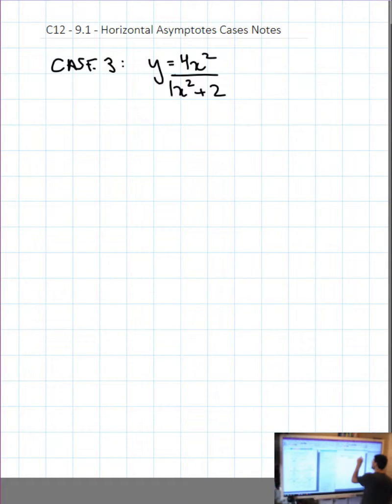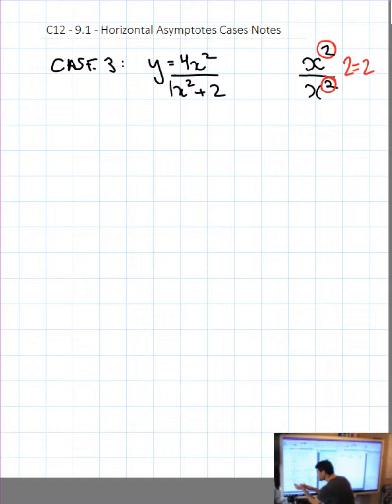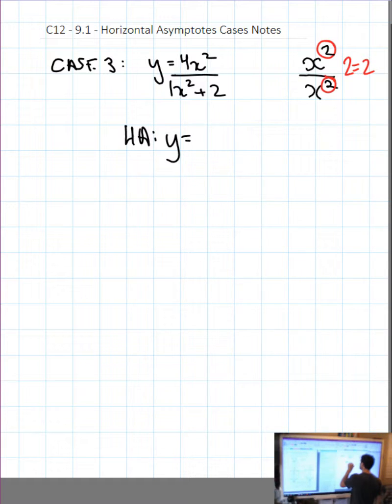Well, I have x squared on the top and I have x squared on the bottom, meaning that the exponent of x on the top and the bottom is equal to each other. And if the exponent of x is the same on the top and the bottom, the horizontal asymptote is y equals the fraction of the coefficients of the x squared term, 4 over 1, or simply 4.